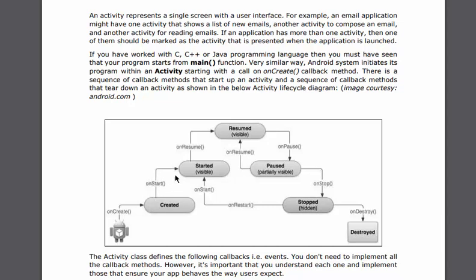Then it becomes visible, and then onResume. When it goes to onResume, you can pause it or continue. When you want to stop or hide your program, you can hide it, and then it goes towards onDestroy. This means the activity has ended.